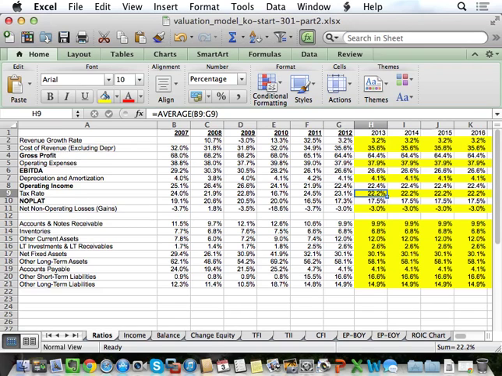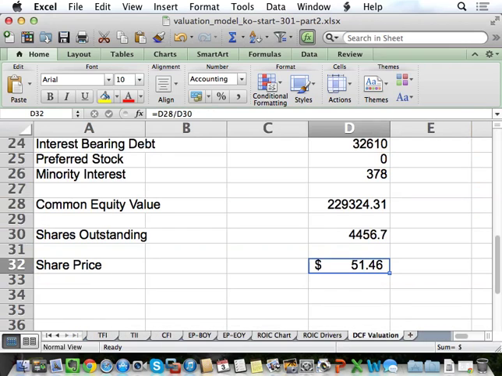All right, so we've now completed the DCF valuation tab for Coke. Now we're going to do the second valuation methodology, the economic profit valuation methodology.